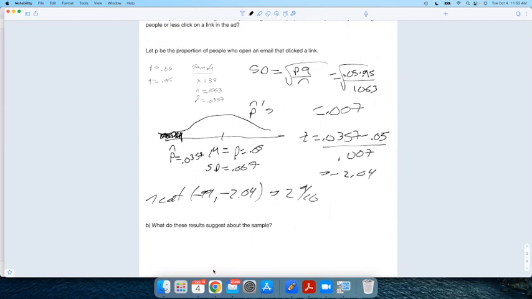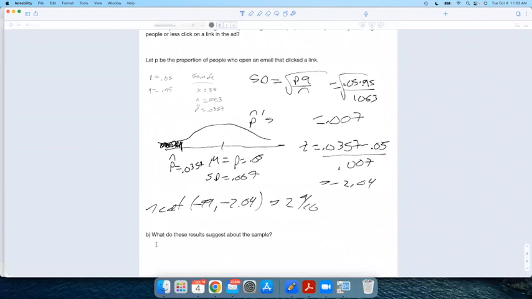That means we probably weren't allowed to do this. We probably didn't meet the conditions of the central limit theorem. Central limit theorem says you should have a good sample. There's probably something wrong with my sample. So this is a very, very small probability. There may be something wrong with the sample.